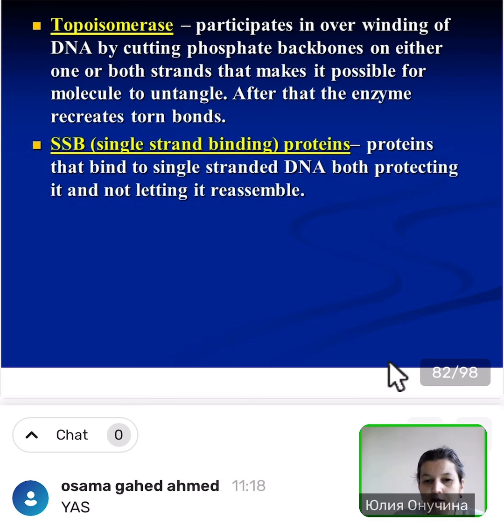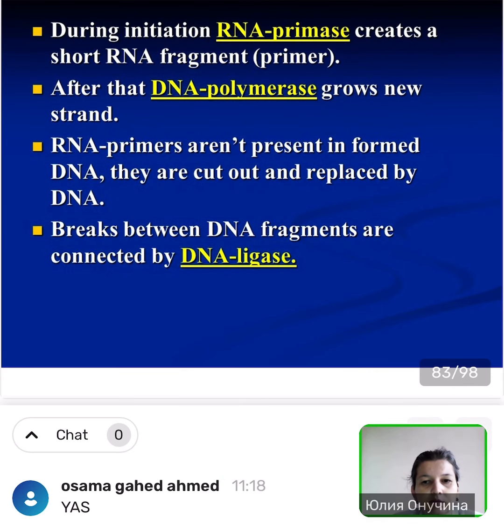The next. RNA primase for synthesis of the primer. DNA polymerase for growth of the strand. There are several DNA polymerases, like RNA polymerase.